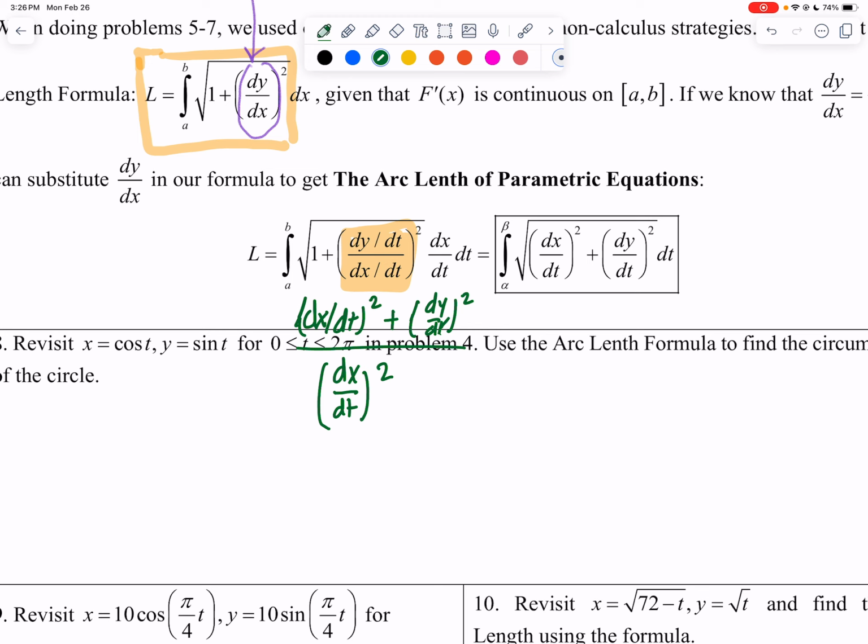I feel like this will cancel out with this right here. So that's how we're just left with dx dt squared plus dy dt squared right here. So this is my formula that we're going to be using.